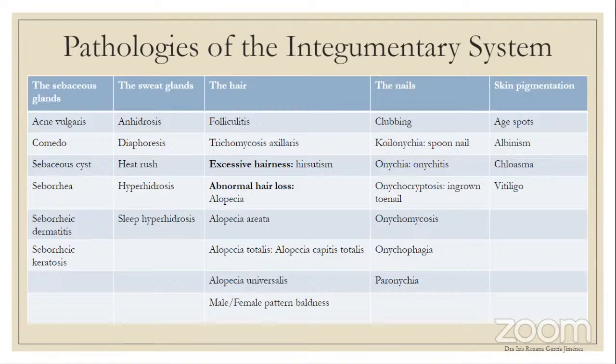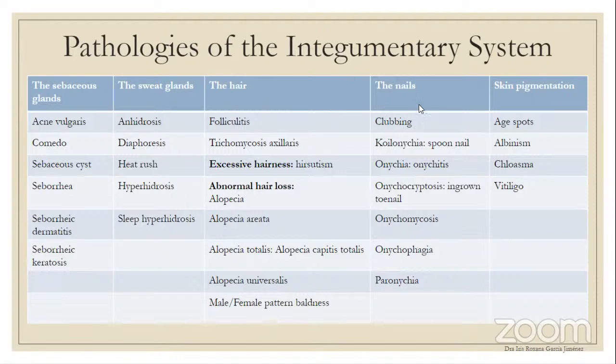Then the sweat glands: anhidrosis, diaphoresis, heat rash, hyperhidrosis, sleep hyperhidrosis. Then the hair: folliculitis, trichomycosis axillaris, excessive hairiness, the hirsutism, abnormal hair loss, the alopecia, alopecia areata, alopecia totalis, alopecia capitis totalis, alopecia universalis, or male or female pattern baldness.